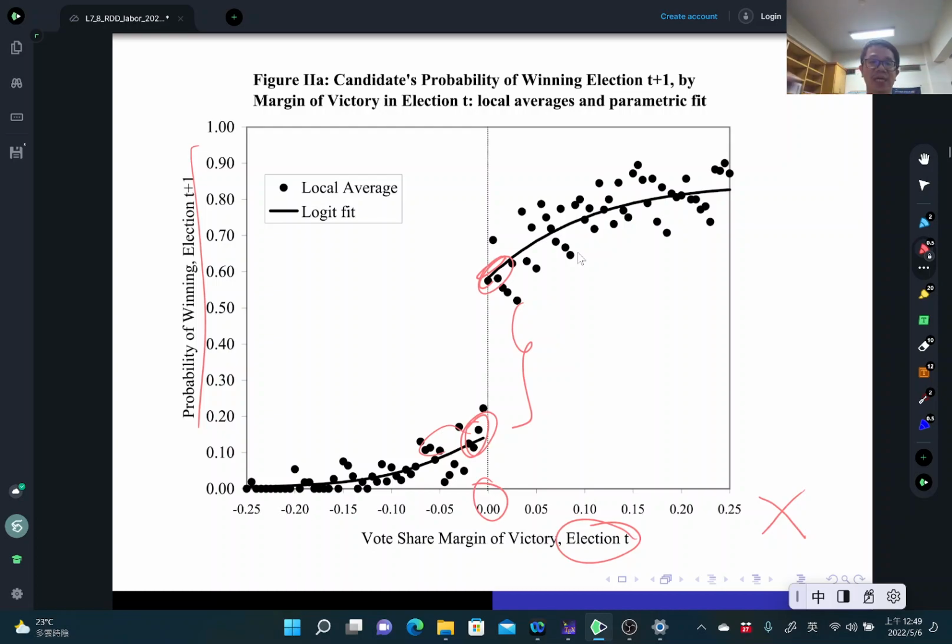The probability difference is around 50%. So this gives you very strong evidence that those who are in incumbency have a very big advantage. Even when we compare people who have very similar popularity, who all won very similar vote share last time, the winning probability in the next election is very different. And this can represent the incumbent advantage.